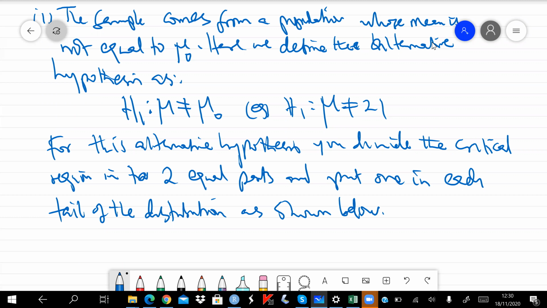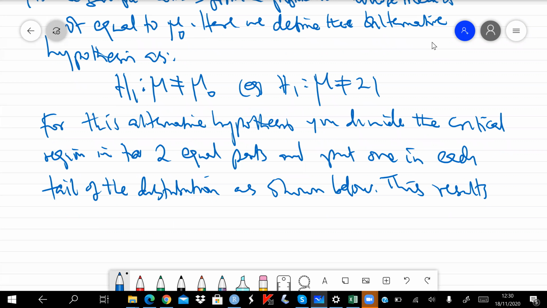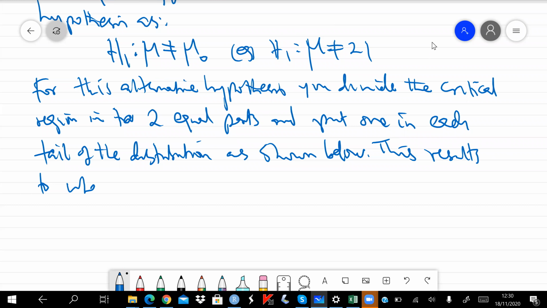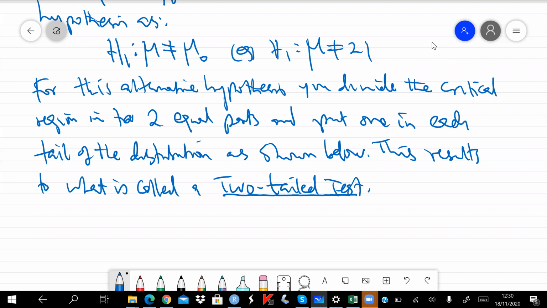Before I show you, this results in what is called a two-tailed test. Okay, so we can illustrate here using the normal distribution.